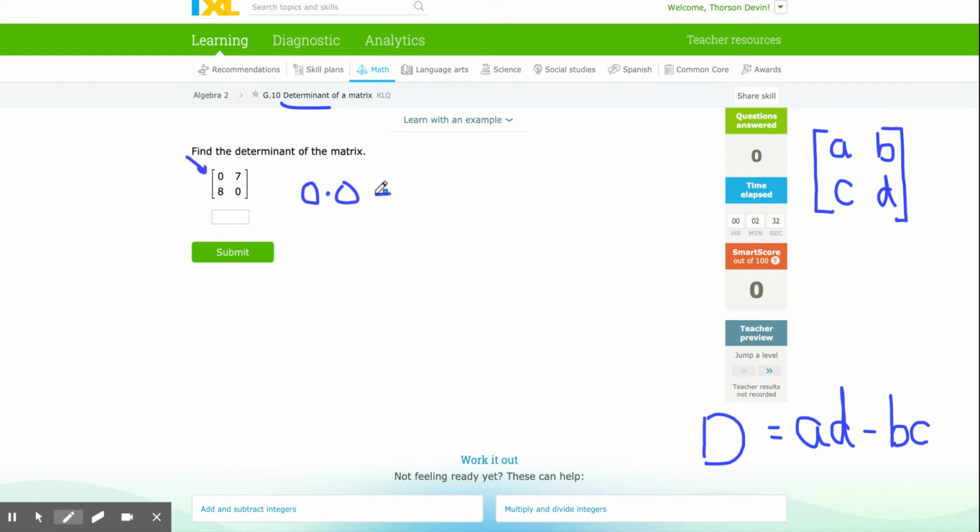And then you'd subtract off the diagonal multiplying coming down like this, 7 times 8. So you would get 0 minus 56, which is a negative 56. And that is the value of your determinant. And so you just plug that in here, negative 56.